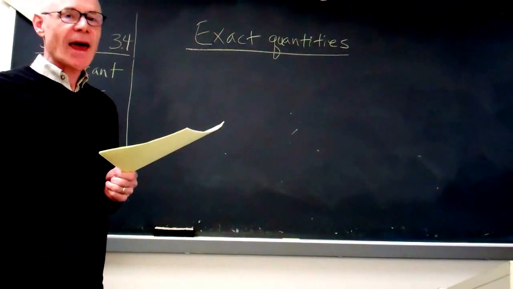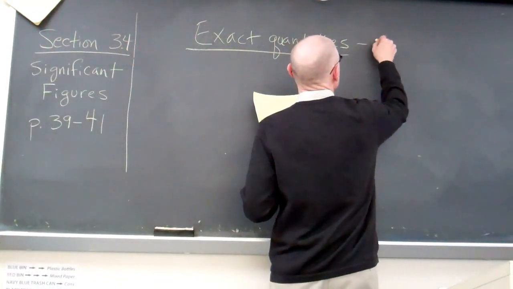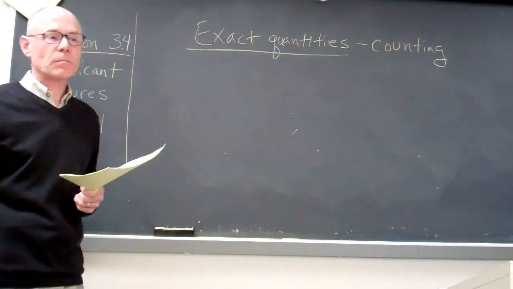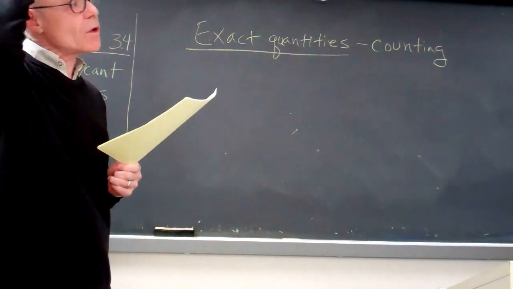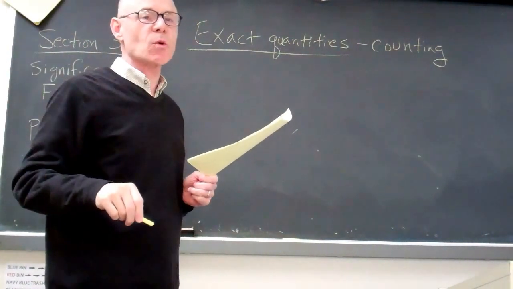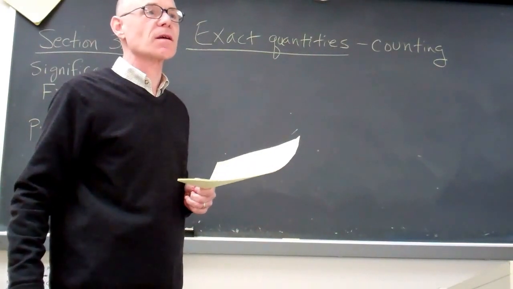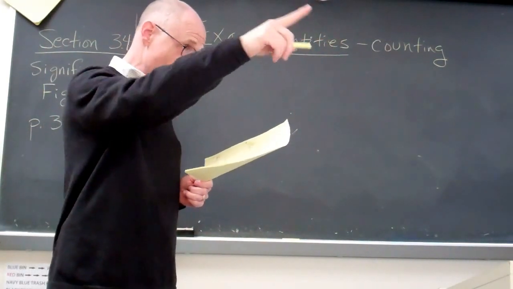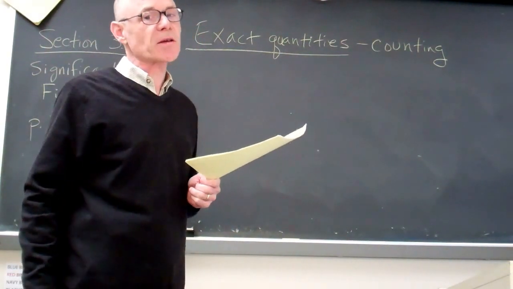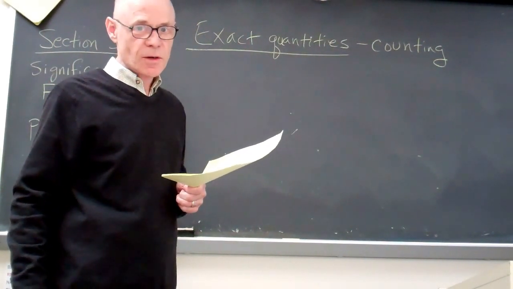One is called an exact quantity, and the way we achieve an exact quantity is by counting. For example, we can count the number of people in this room and get an exact quantity. We can count the number of chairs in this room. We can go out in the parking lot and count all the cars, and as long as we're careful, we can get an exact quantity. So we are not going to be applying significant figures to exact quantities.